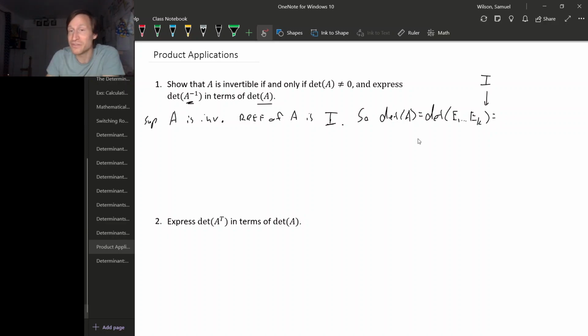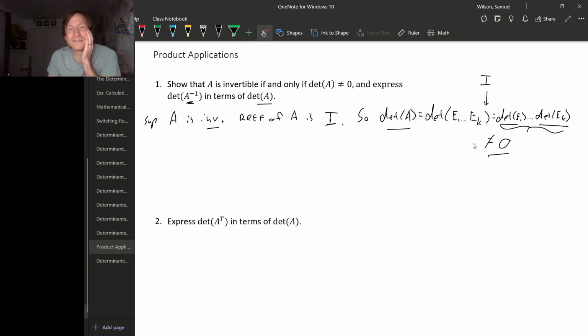Since the determinant of this product of matrices is the product of the determinants, we get the determinant of E1 times so on up to the determinant of EK. But if you look at all of the determinants of the elementary matrices, they're all non-zero. And so here we have a big product of non-zero numbers, and so the product isn't 0 either. So if A is invertible, then its determinant is non-zero.